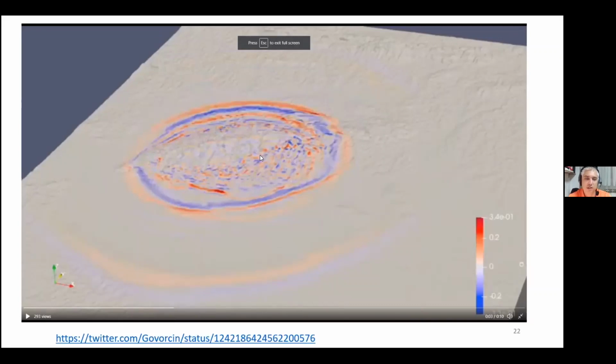It is posted on the Twitter profile of Marin Govorcin. This picture is seen from the southeast direction. So basically you can see how the earthquake waves were moving on that day.